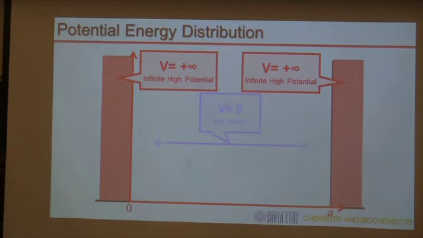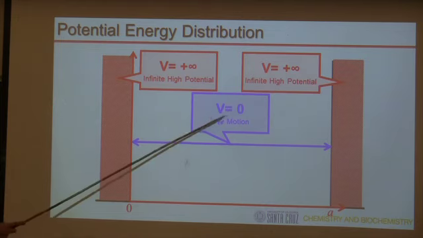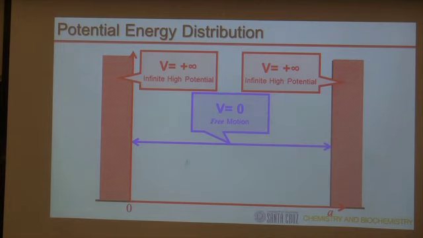Zero. Great. When we say the potential energy is 0, we sometimes call it free motion or a free particle. So next time when you see free particle in a question, that simply means V equals 0. You can freely move it without any potential effects from others. This is actually the picture. Since I set up the coordinate, I can use mathematical language: the potential is a function of x.